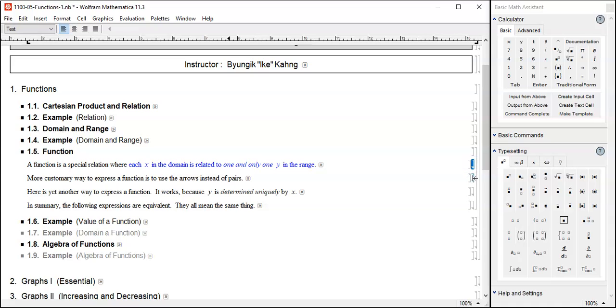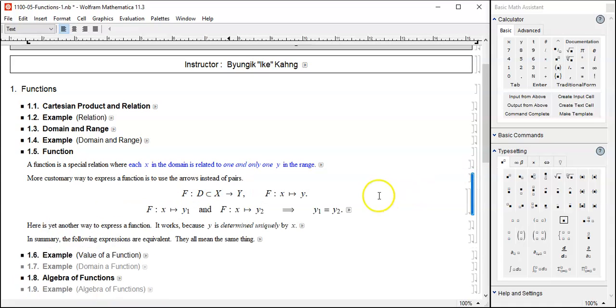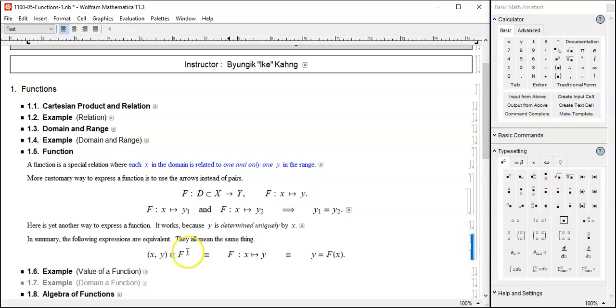Another way to express the same thing is to use arrow expression instead of pair expression. As a matter of fact, the arrow expression and the pair expression mean the same thing. So here, x is related to y. Again, x is related to y, or x is being assigned to y, because this arrow notation is used only for function, and function is a relation.